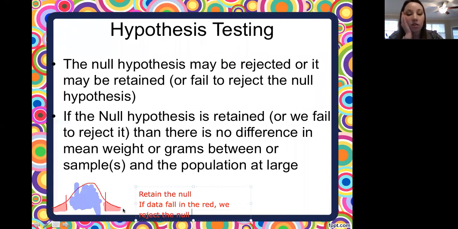If our data fall in the red shaded region, and the rejection region is another name for it, on the outskirts, we reject the null hypothesis. However, if it falls in the blue shaded region here, we retain the null hypothesis. So those are our two options.